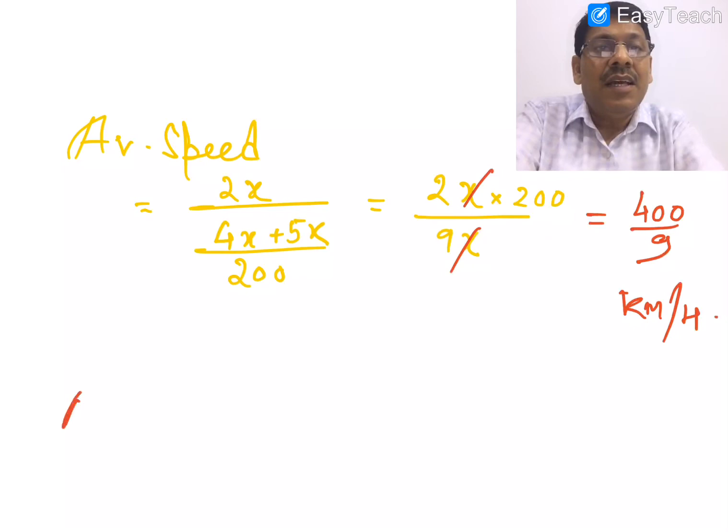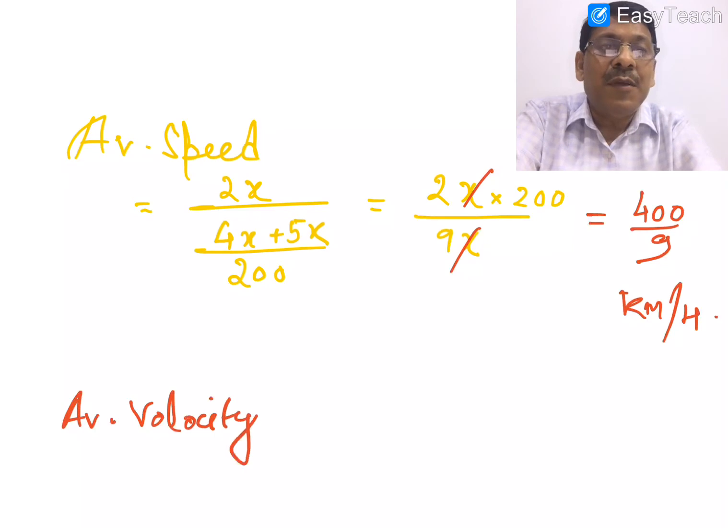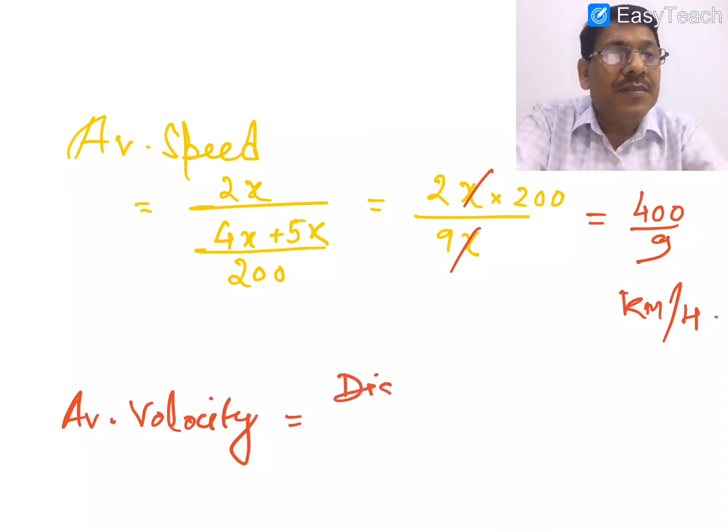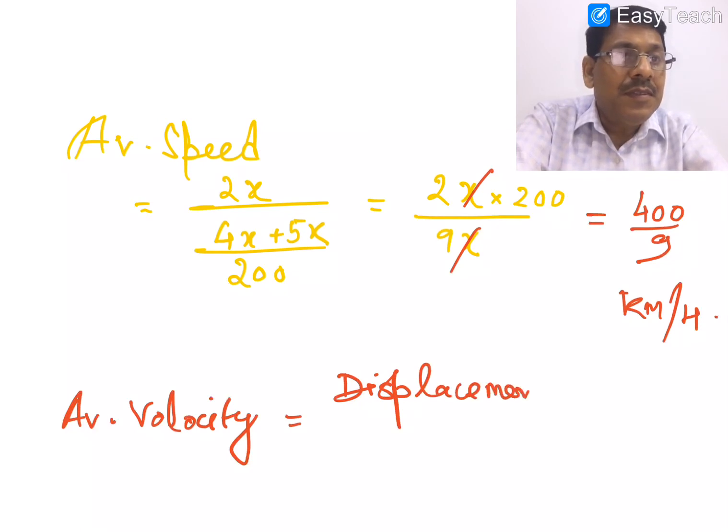And average velocity comes to total displacement divided by time taken.